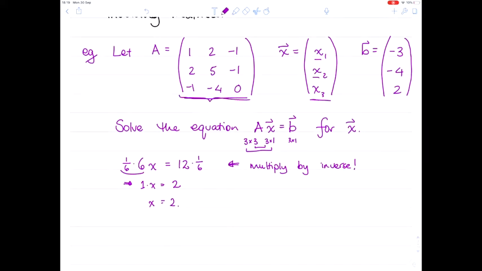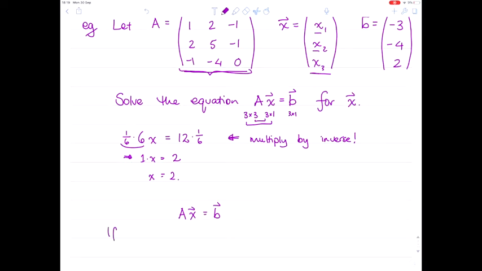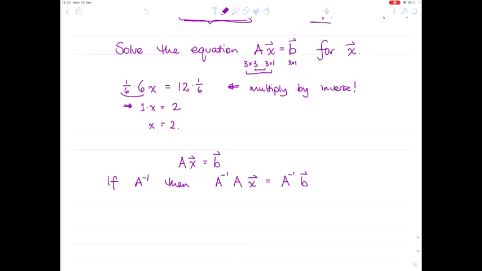And we can use the same idea here. If we can find an inverse for matrix A, then if I've got A times X is equal to B, and my inverse of A exists, then I can multiply on the left, being careful of order here, so A inverse times A times X must be equal to A inverse times B. But this is going to give me an identity matrix times X, which is equal to A inverse times B. You can check that the identity, which will be n by n, or 3 by 3 or whatever, multiplied by this vector will just return that vector, because that's what the identity does.